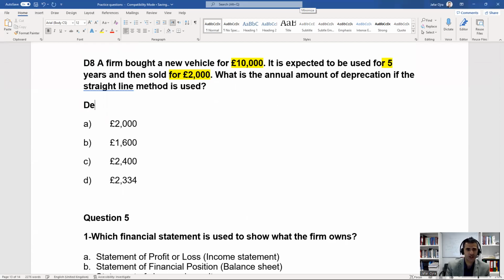So depreciation is cost minus residual value, if you remember, I hope you do, divided by useful life.